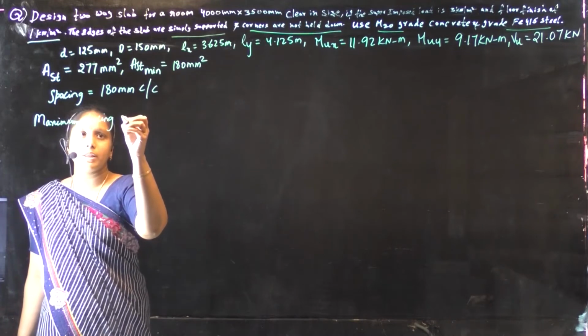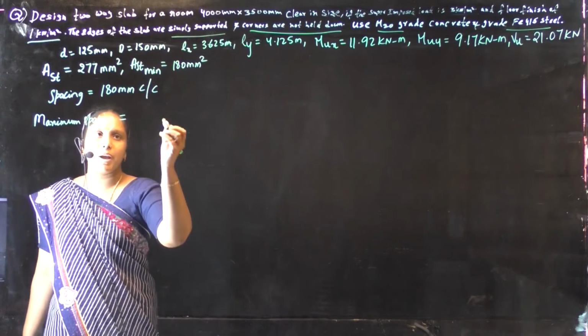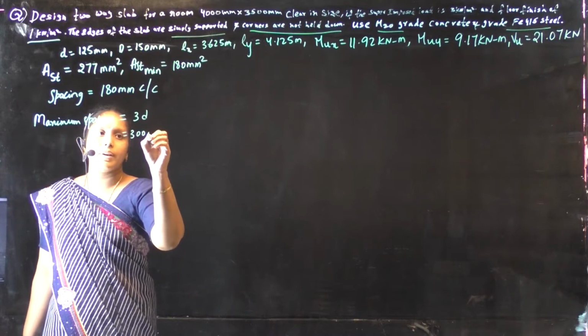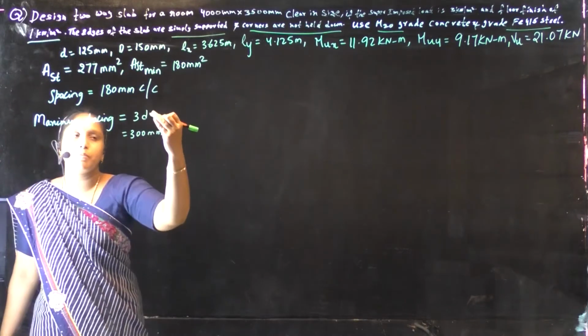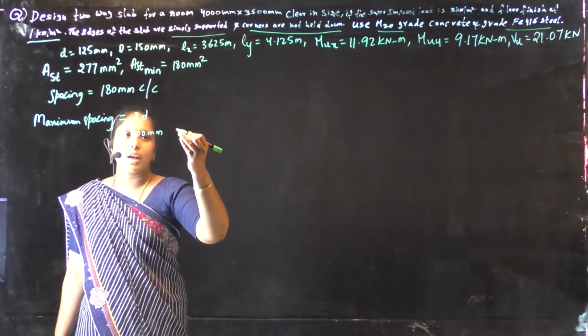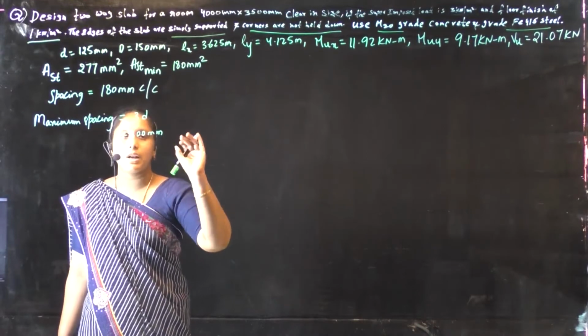In the previous sessions we have seen the formulas to calculate the maximum spacing, that is either 3D or 300 mm. We have to calculate both these values, the least of the two has to be considered, and the spacing we provide should not exceed this value.